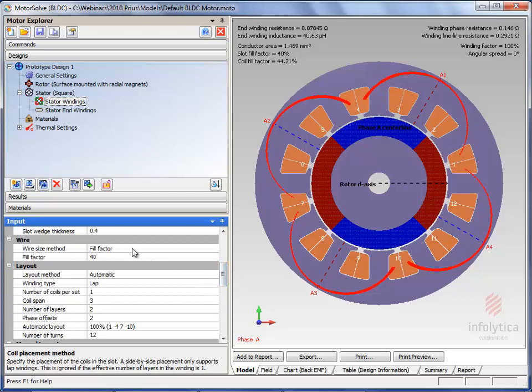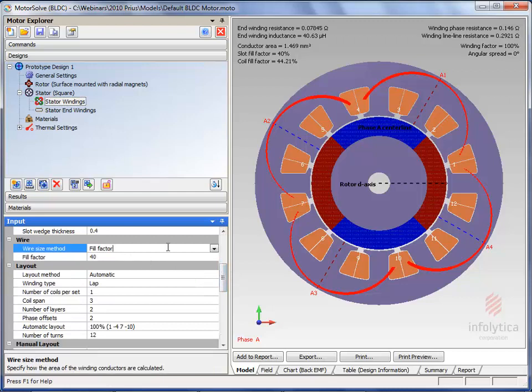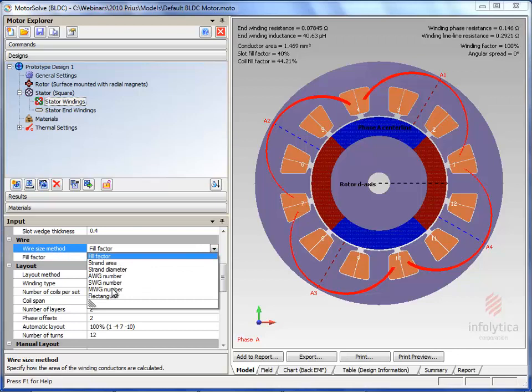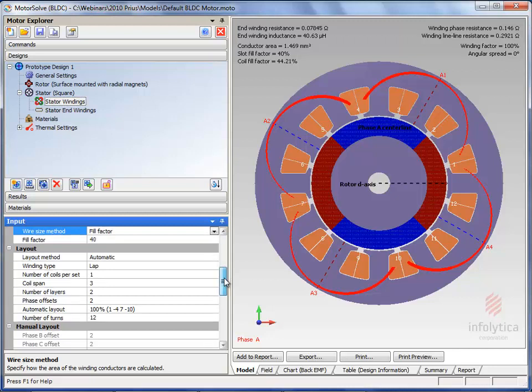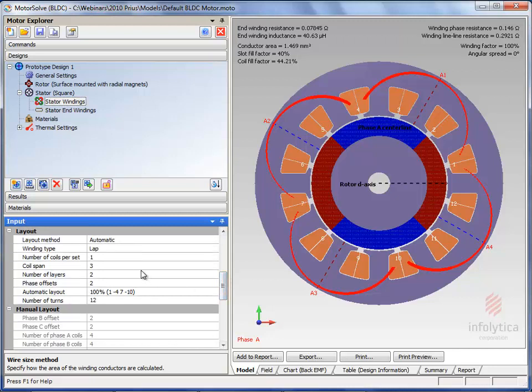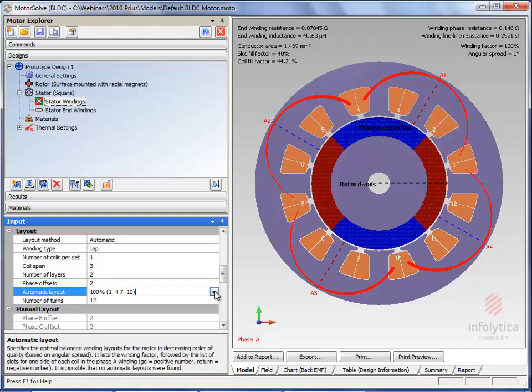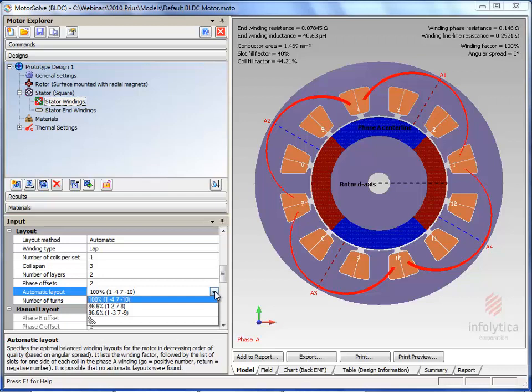You have the ability to describe the wire in the winding, either with a fill factor or with any number of standard gauge wire. You can do rectangular wire, or you can simply enter diameter or area. And then you have full control of the layout of the winding. And you note here that we have an automatic layout capability, which allows you to pick from the possible and available balanced winding configurations.